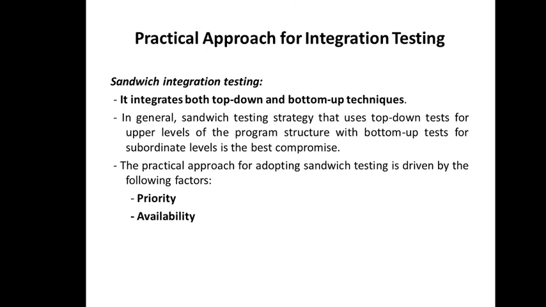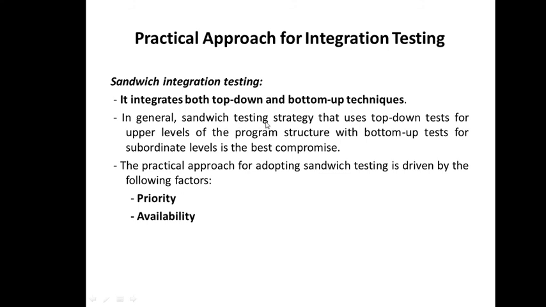So what we do is we have a third type which is more practical in nature, known as sandwiched integration testing. Sandwiched integration testing is a hybrid form of top-down and bottom-up, that is, a combination of both strategies.